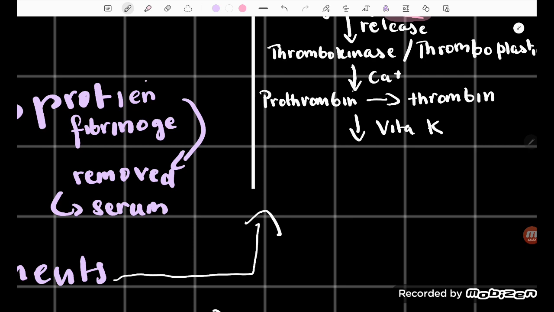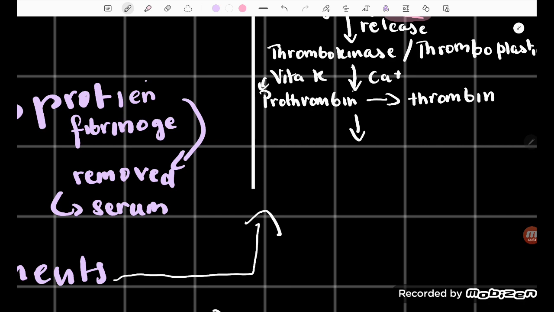Here, vitamin K is also required. Vitamin K and calcium for prothrombin.